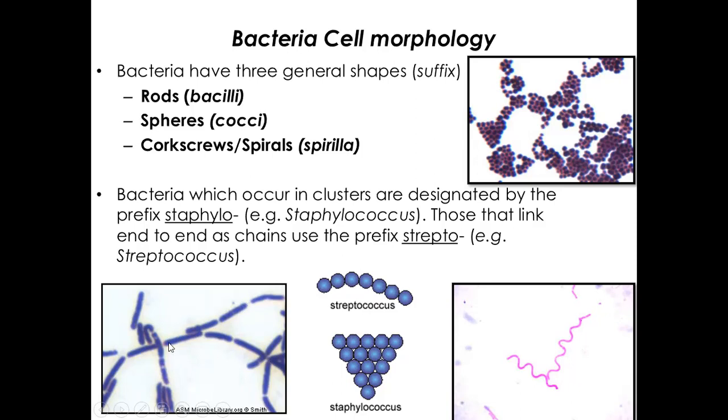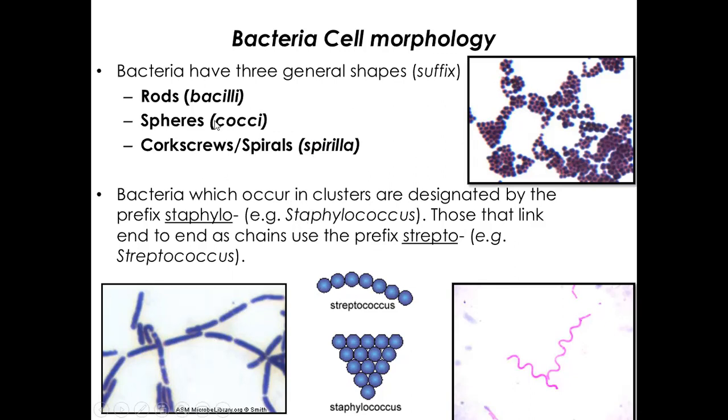These are in a chain, so you can see they link end to end. You've also got spheres, which we call cocci. So over here on the right, we've got some cocci, like Staphylococcus, which is a spherical shaped bacteria. Or you can also have corkscrews called spirilla, and down here in the bottom right, we've got some corkscrew shaped bacteria.